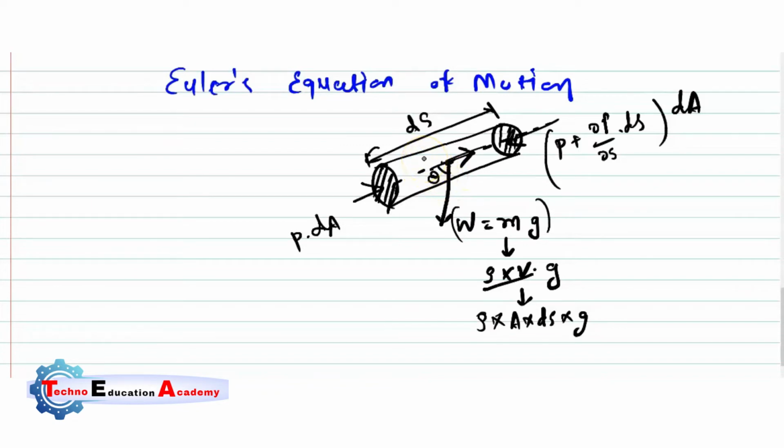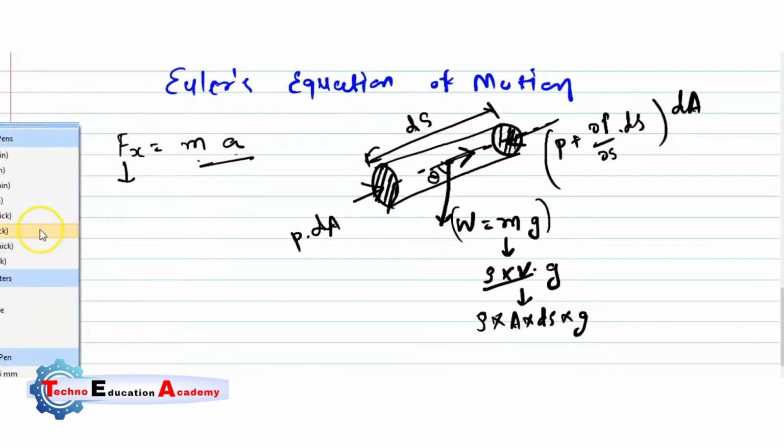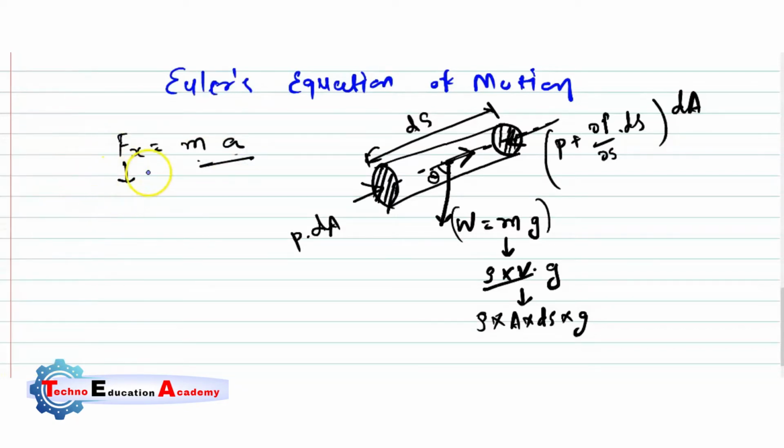Now, according to Newton's law, Fx is equal to m times a. In our case, Fx is the pressure force and the weight. Both are our forces, so net force is equal to mass into acceleration. Now we write down Fx in our condition, as the pressure force and weight.